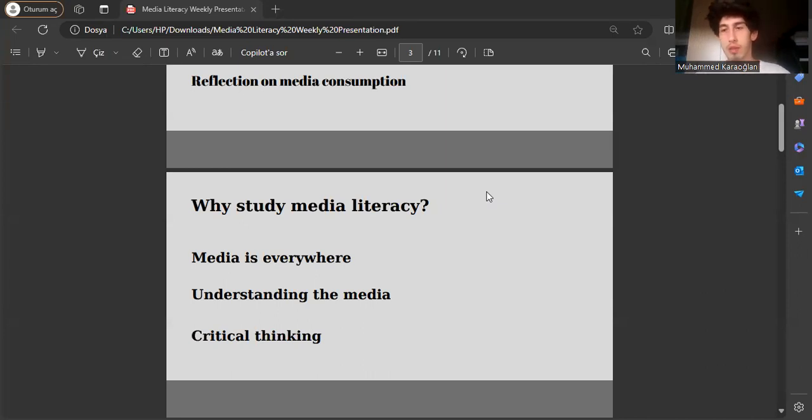So we need to understand and be literate about media. We need to be conscious about what we consume. We should not jump into everything we see on the news or on television. So we need to think critically.